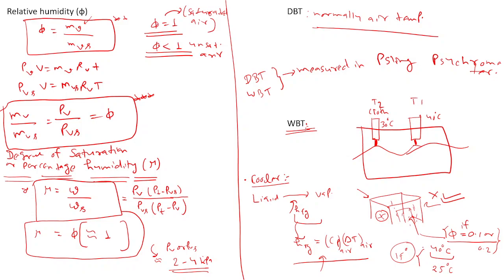Due to the transfer of that energy, the temperature of our dry air decreases, from 40 to 25, and its relative humidity becomes 1 because it tries to absorb the maximum amount. So the final temperature, 25 degrees, would be our wet bulb temperature. Have you got it now?